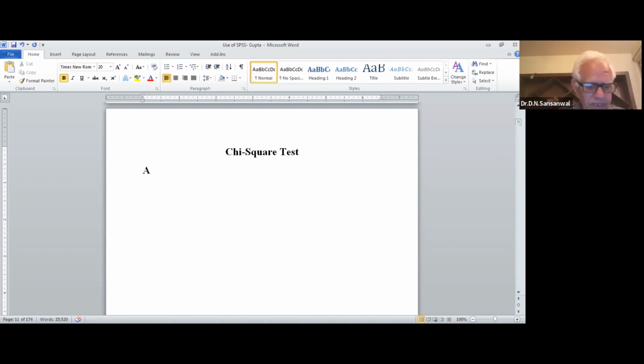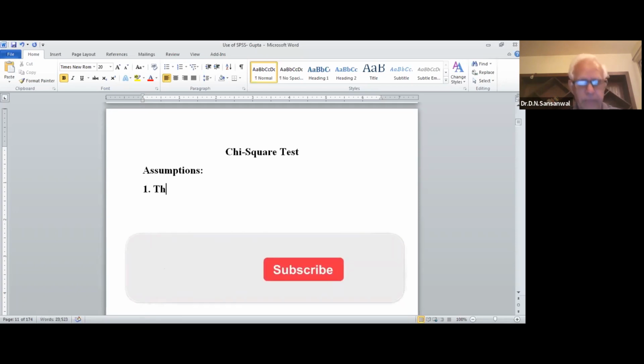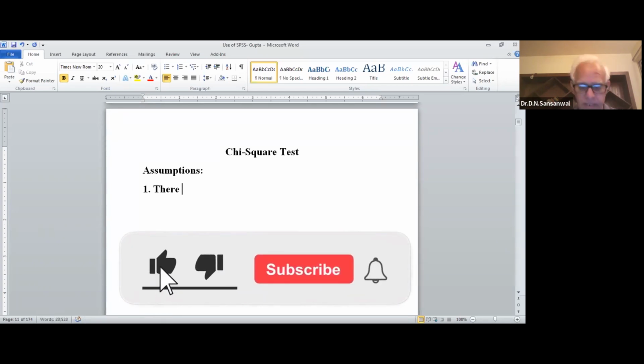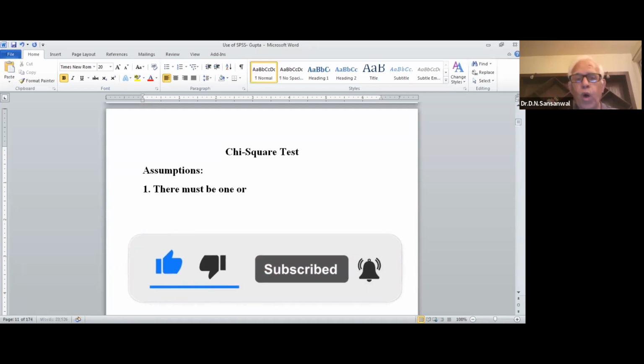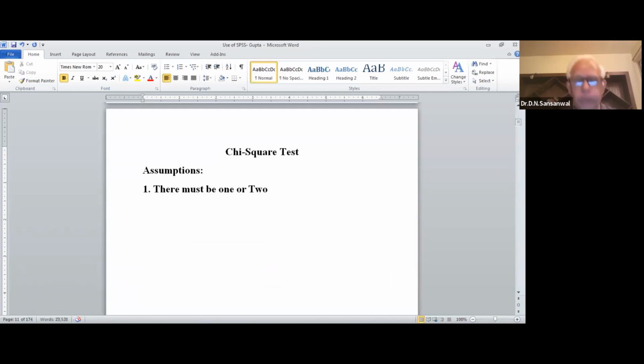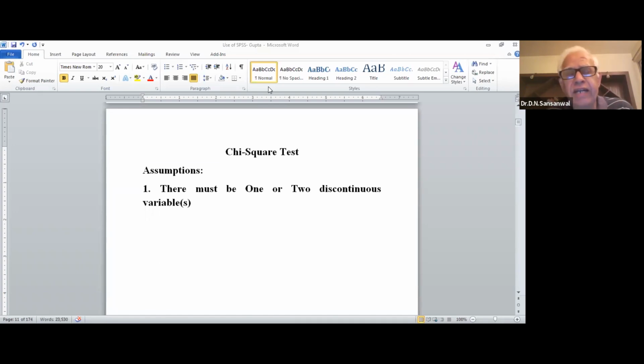Now the assumption says, one, there must be one or two discontinuous variables. Shalini, you have to decide whether you want it dimension wise or total. If you want dimension wise, no problem.